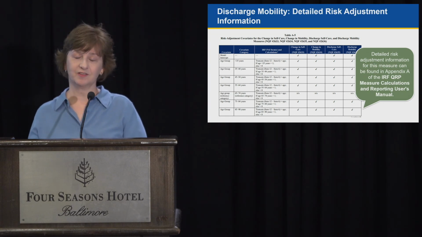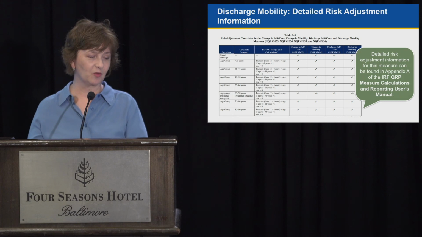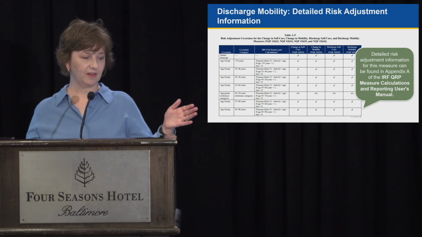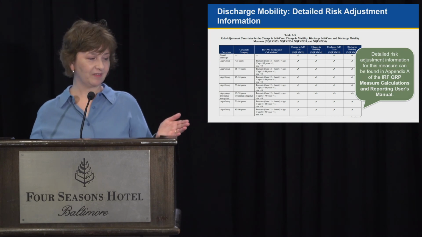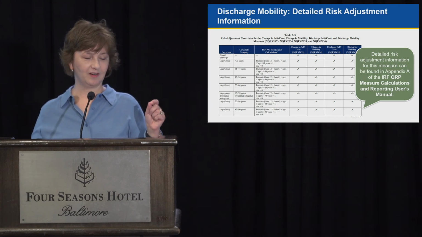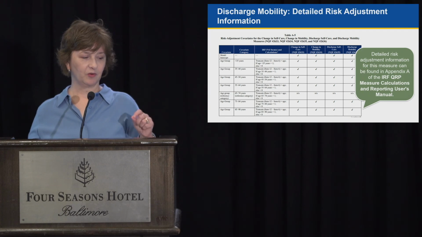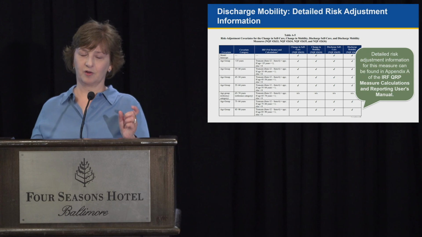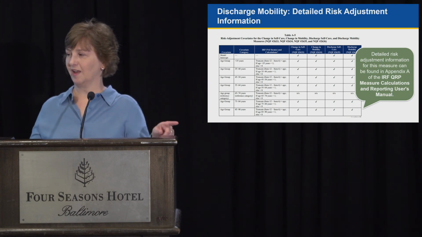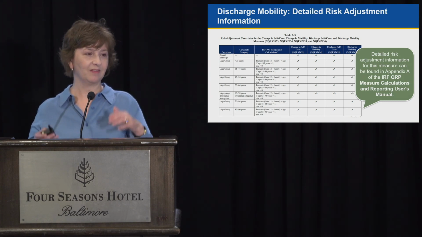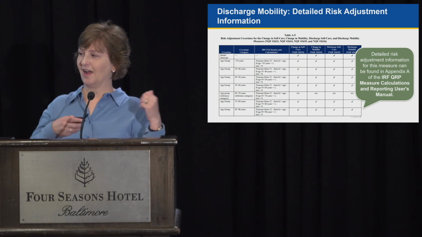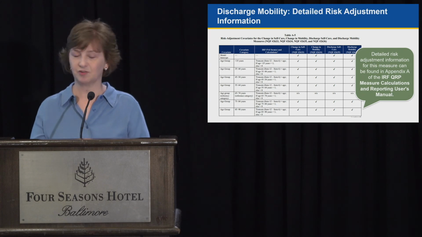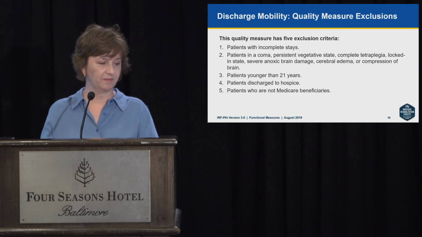If you are interested in calculating the expected scores, the coefficient associated with, let's say, the age group under 35 will be different for each measure, but there is a coefficient for each measure, and that's why the checkbox is there. That just means it's included, but you actually have to look at the risk adjustment coefficient data in order to calculate the measure and get the actual numbers.